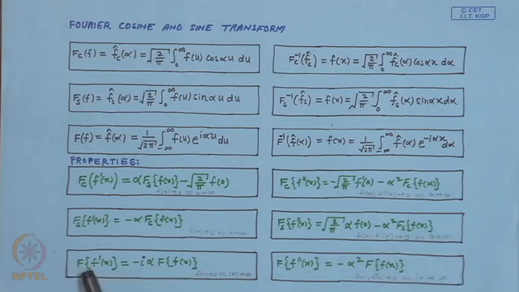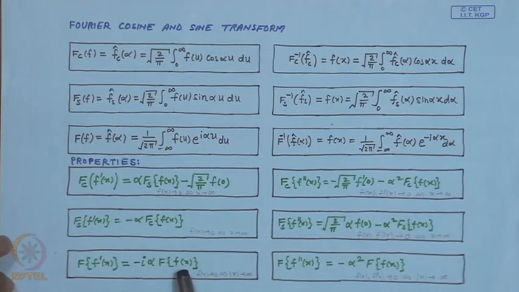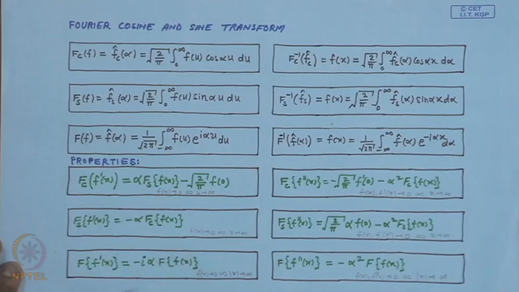And for the Fourier transform, we have the transform of f prime(x) equal to minus i alpha times the Fourier transform of f, and for the double prime we have minus alpha squared times the Fourier transform of f(x). In this case also f(x) and f prime(x) approach 0 as the absolute value of x approaches infinity.